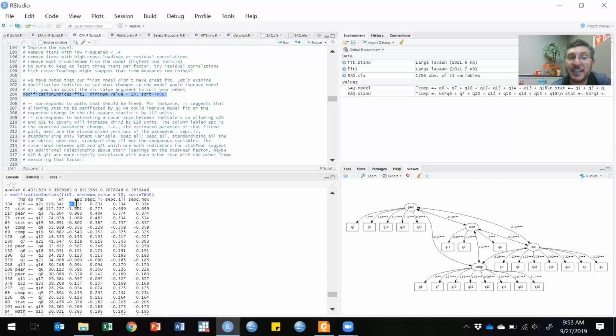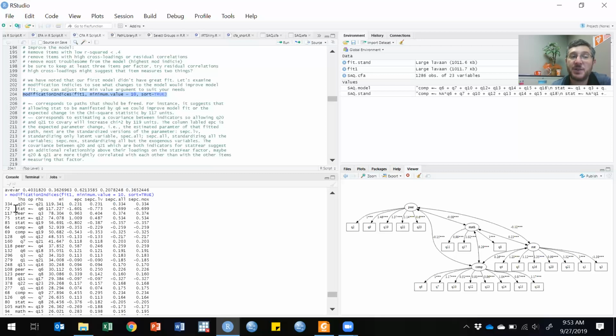This would be the estimated covariance between them. And I think this would be the estimated correlation, the standardized value. We can check that in a minute and see.